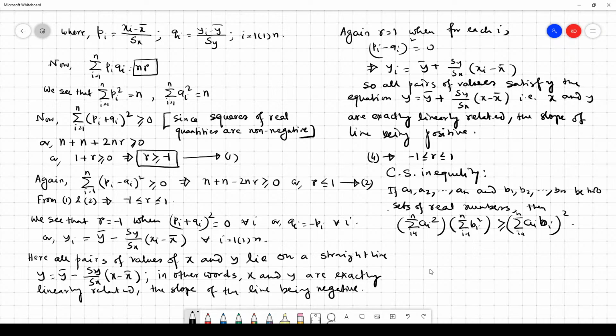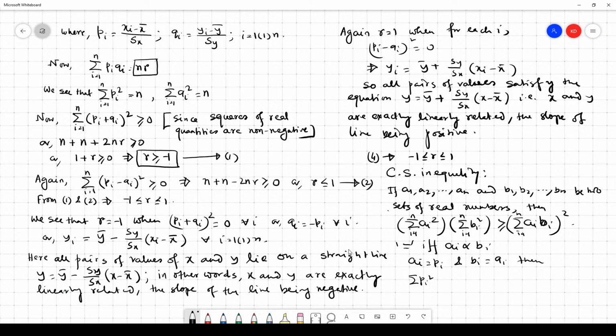And according to the CS inequality, equality holds if and only if ai is proportional to bi. So if I take ai equal to pi and bi equal to qi, then we get the sum over pi square.